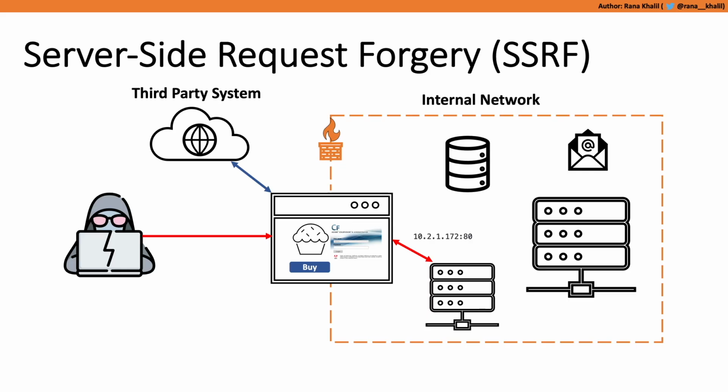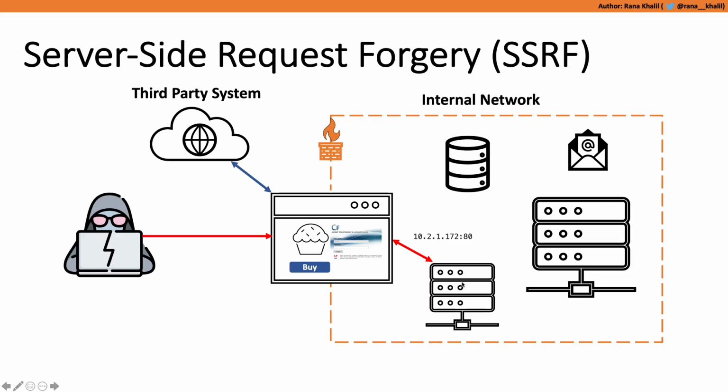And since both the application that is vulnerable and other applications that we're scanning are on the internal network, they can communicate with each other. And therefore, you could use the SSRF vulnerability in order to see which servers are up and what services are running on those servers. Of course, there are limitations to what you can do with that, and we'll talk more about that in the next section.